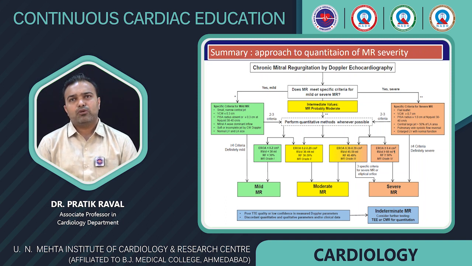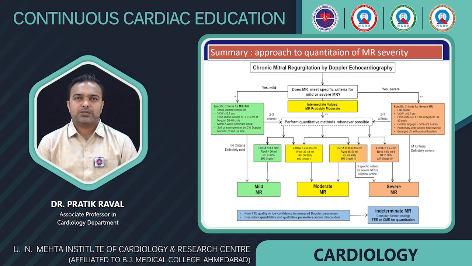So first we look for the specific signs of either severe MR or mild MR, and when 4 or more criteria for either severe or mild MR are met, the MR is said to be either severe or mild respectively. And when only 2 or 3 of these criteria are present, then we proceed to quantitative assessment, that is ERO area measurement, regurgitant volume and fraction measurement.